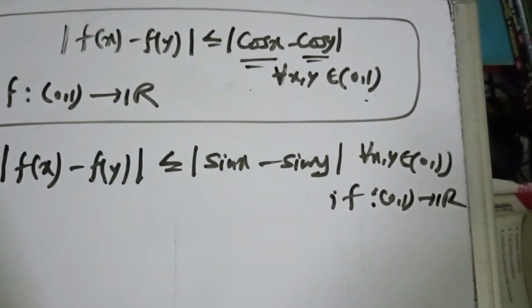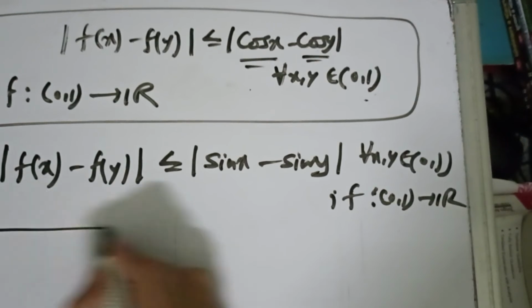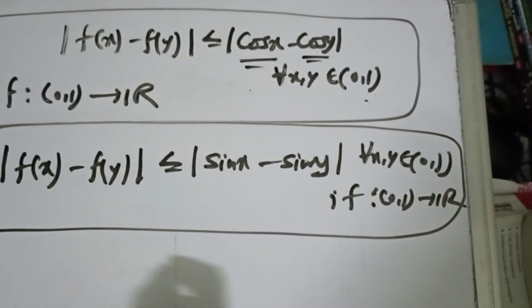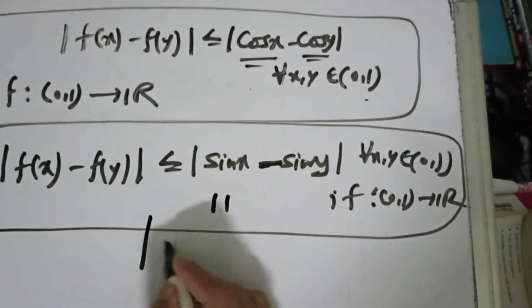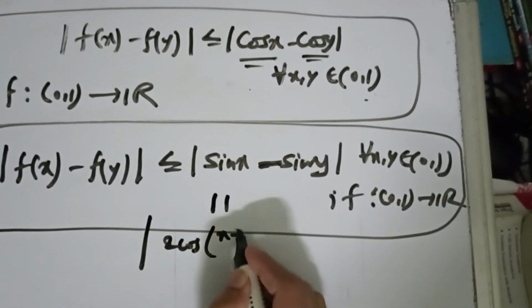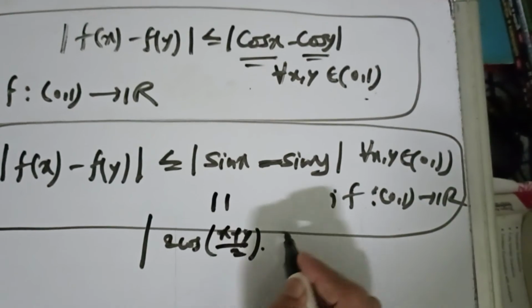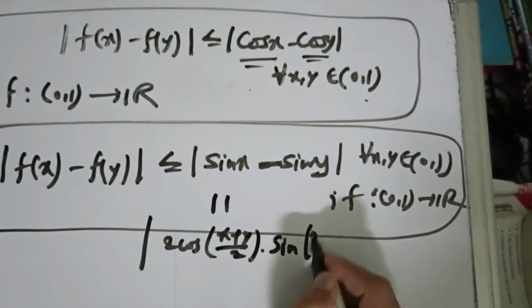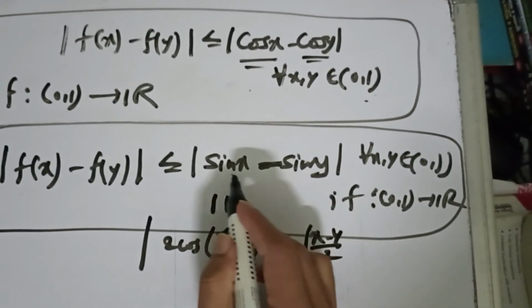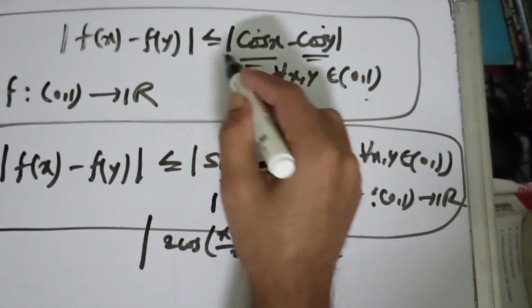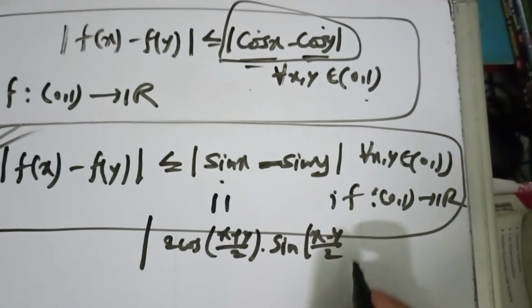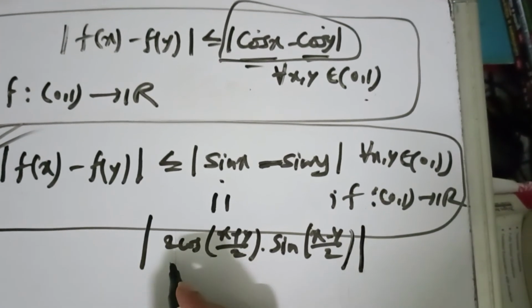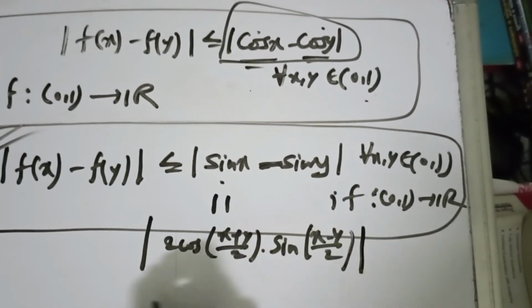Because from here you can write sin minus sin as 2 cos((x+y)/2) sin((x-y)/2). This question with sin did not come in CSIR NET, with cos it came, but this may come, because they are similar questions.